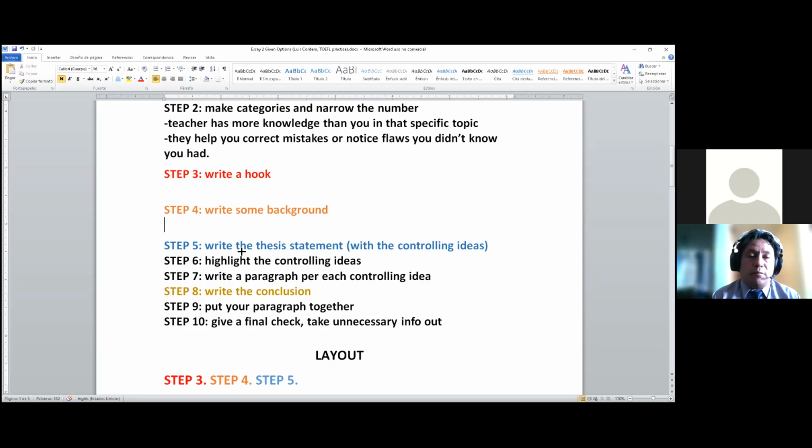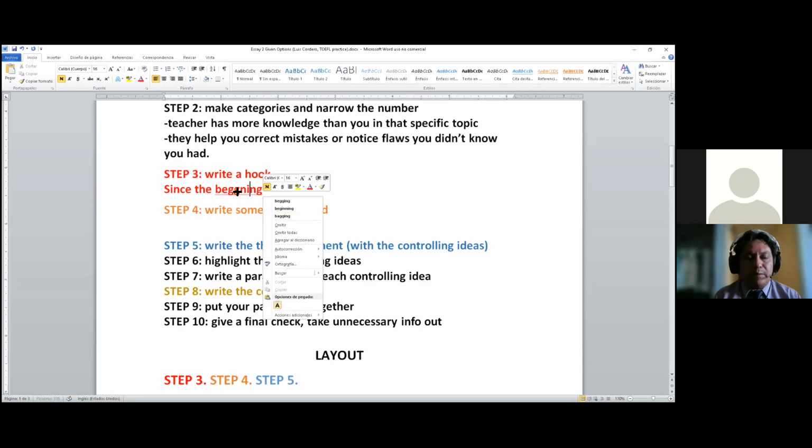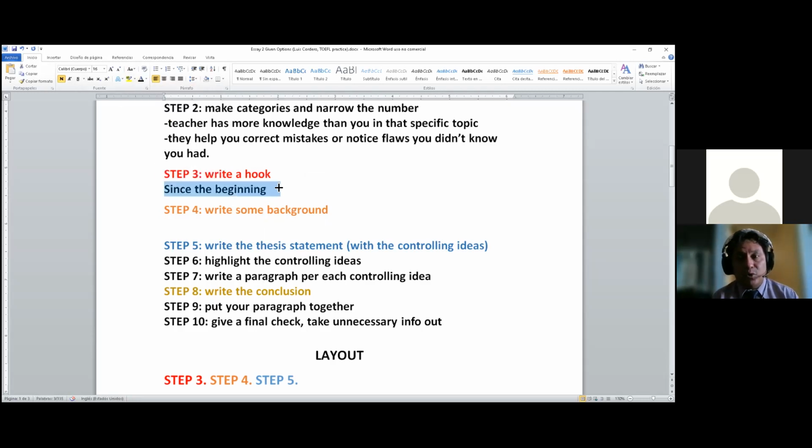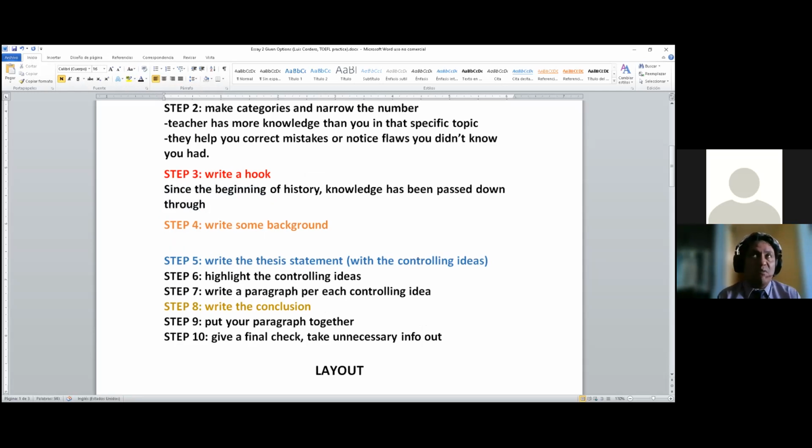Or probably you can also mention, because you're picking topics like has more knowledge, like can correct the mistakes, probably you can write something like how better you are when you have a tutor, a trainer. That can be a hook, and also in the background, probably you can write how a student is better with a teacher, or probably give some more ideas about history.